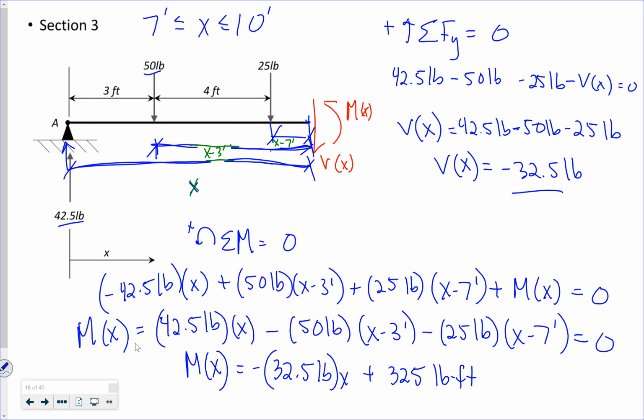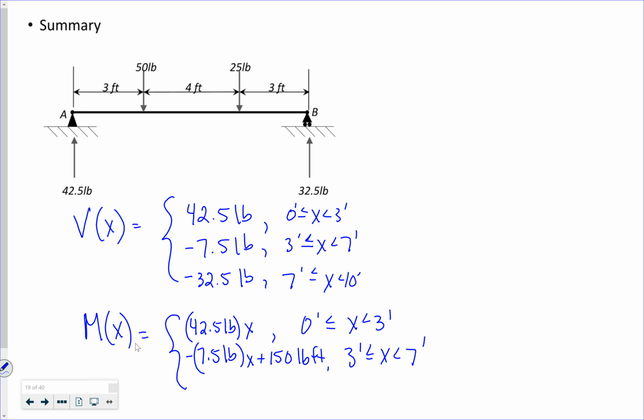And my final one, negative 32.5 pounds times X plus 325 foot-pounds.